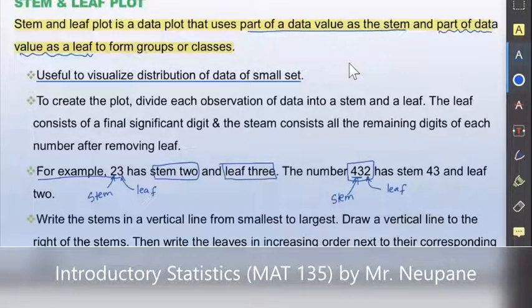Also, by drawing the stem and leaf plot, it is easy for us to talk about the direction of skewness, like whether the data is skewed to the left or skewed to the right, or it is normal. In a histogram, we can easily see whether the data is skewed left, right, or normal, but we use the histogram for a large set of continuous data. For a small set of data, the stem and leaf plot is effective.